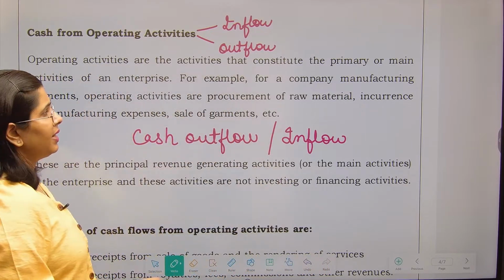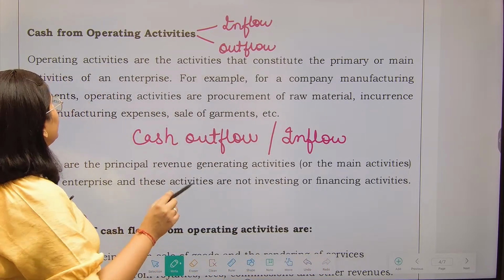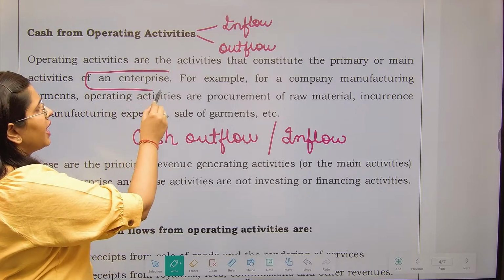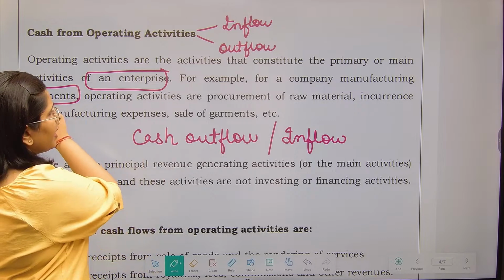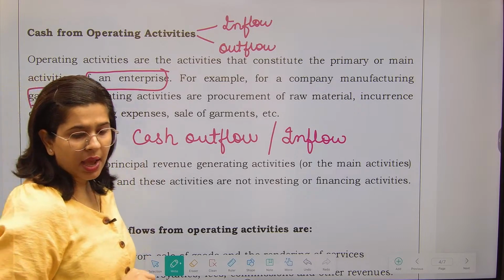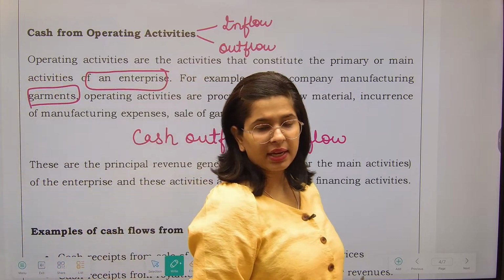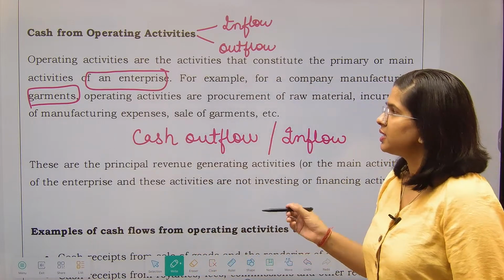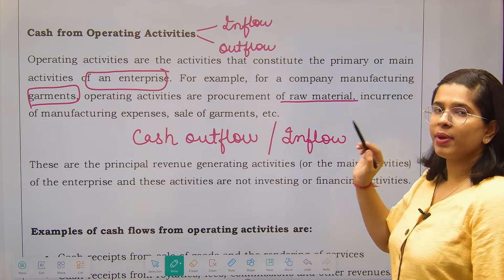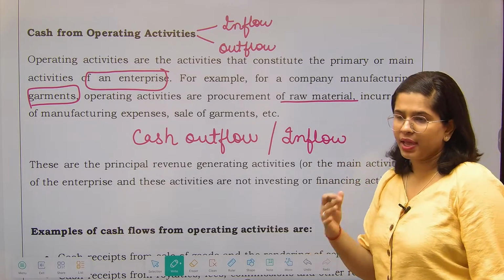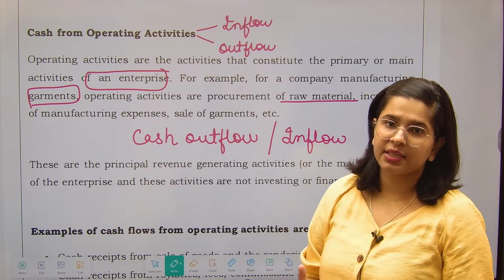So operating activities constitute the primary or main activity of the enterprise. For example, a company which is manufacturing garments, operating activity is procurement of raw material, incurring manufacturing expenses, any expense that has been incurred to make the garments, to make the clothing materials, right?